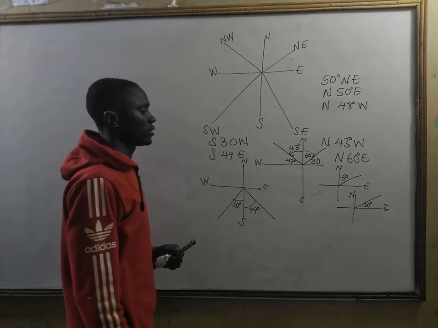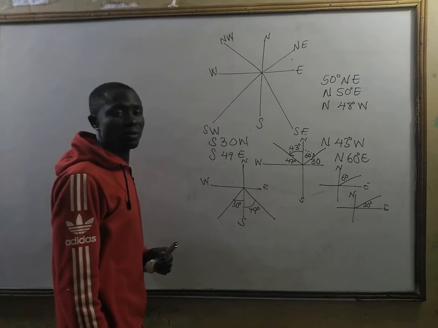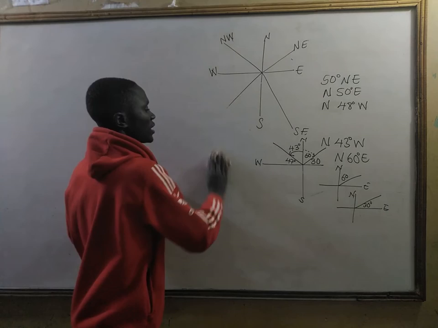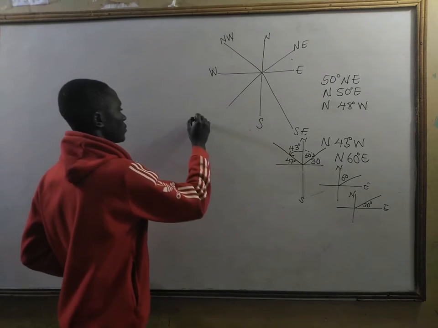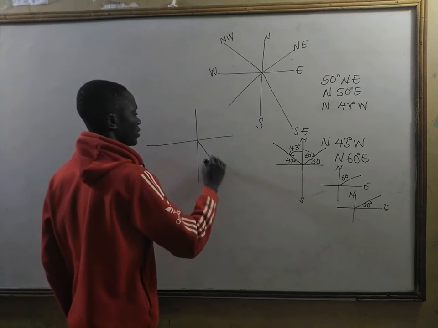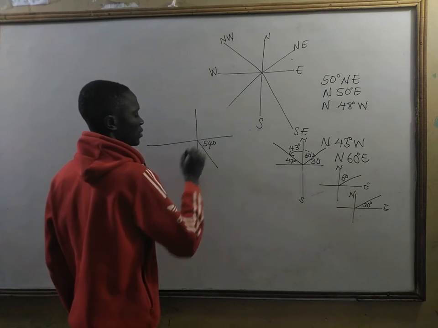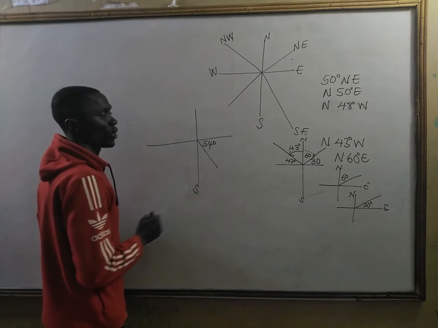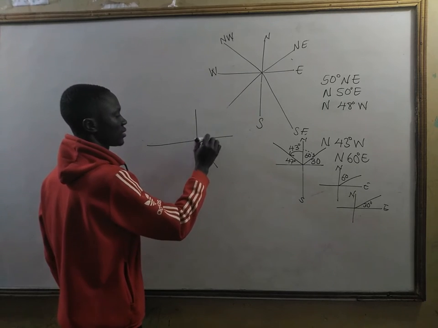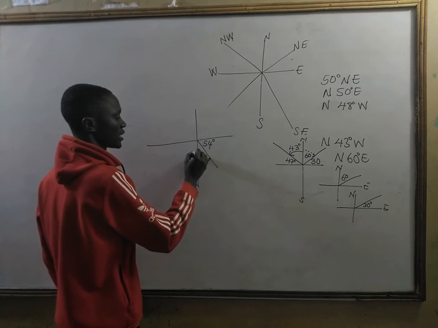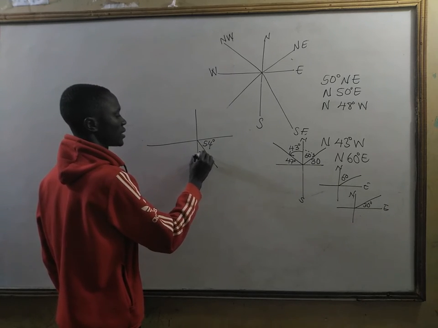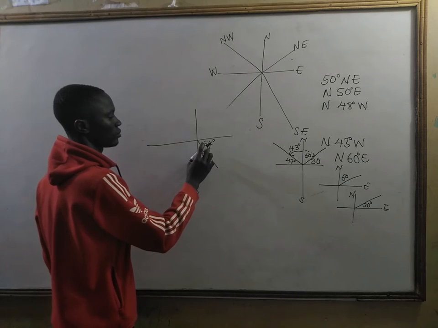Now let's go to the south one. Here, for the compass bearing, I just need south to this line. From here to here is 90, so you just take 54 from 90 and you get 36.